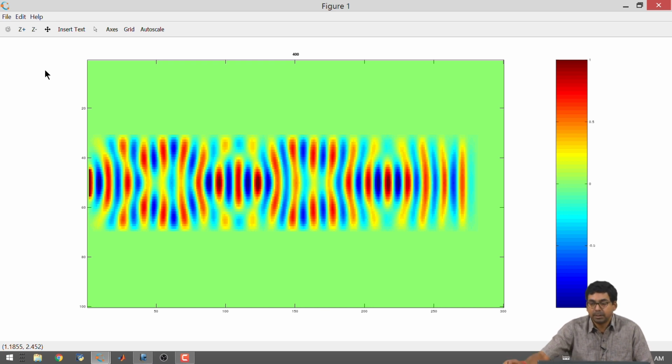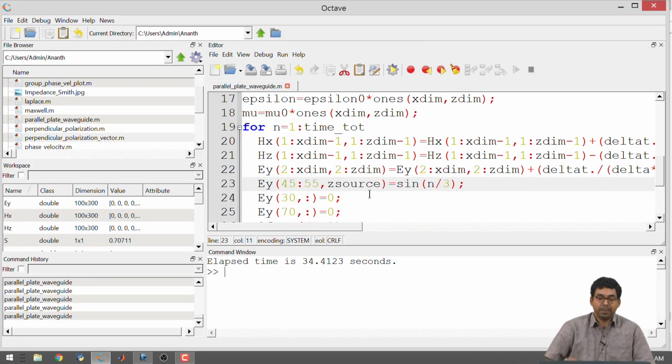So, in practice, in order to avoid all these complications, people try to use a source that is as wide as your waveguide, okay, and also try to make sure that at the frequency of operation, whichever frequency you are choosing, the waveguide supports only say one mode, all right, and the fundamental mode is what you want to operate with in most of the cases, unless there is some explicit need to excite the higher order mode.